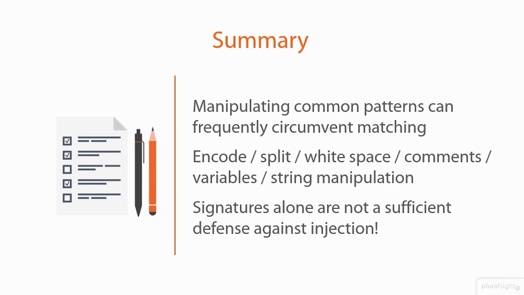So for you as an ethical hacker, this provides a bunch of different ways of still exploiting that risk. And for those wearing a developer hat, it shows just how important all those defenses that we looked at in the last module are, and why defense in depth is absolutely critical when it comes to SQL injection.